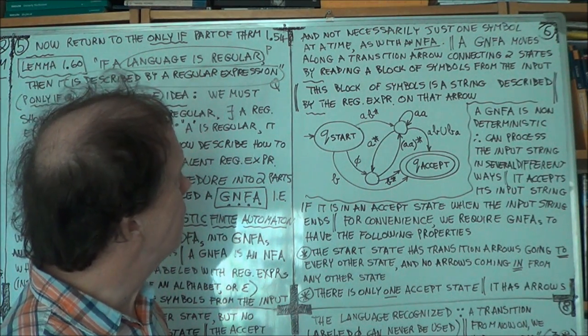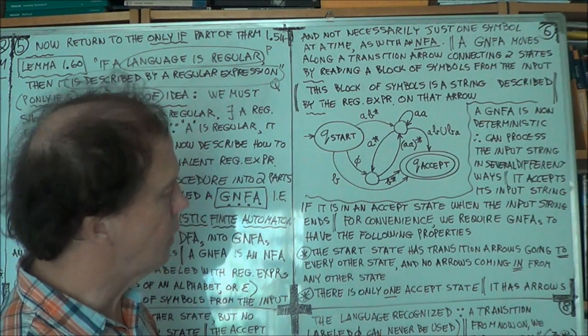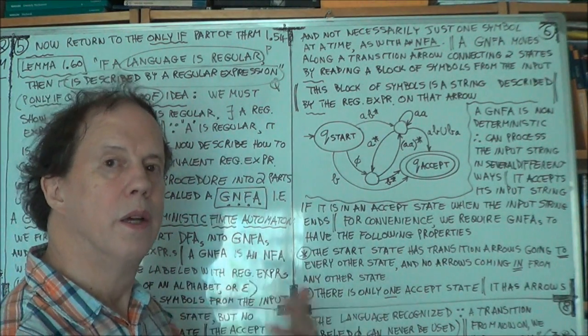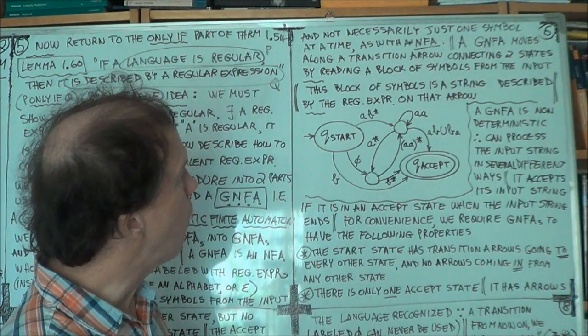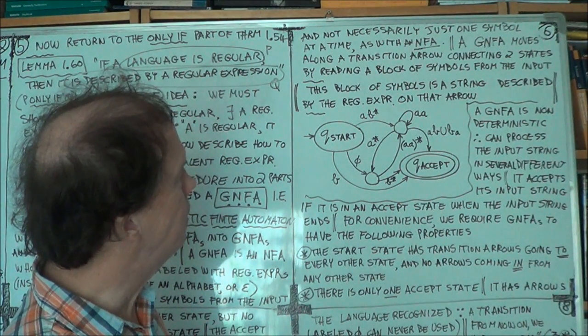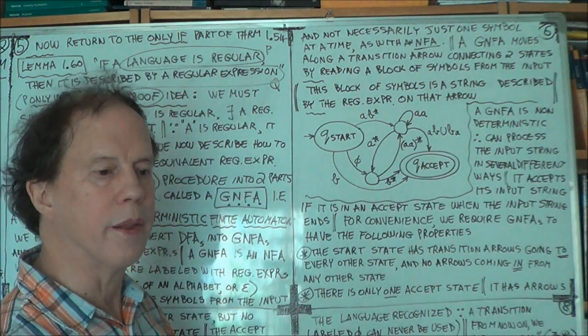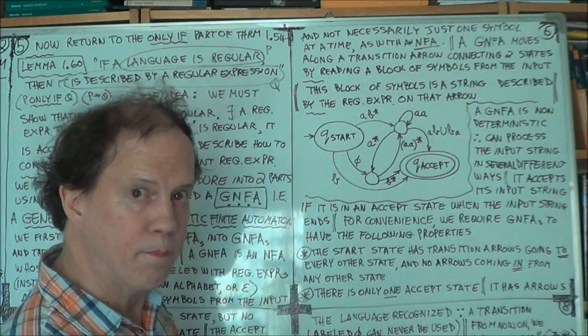Now, how does it work? Well, it's an automaton, so it's reading input strings, and it too will transition from one state to another, but when?